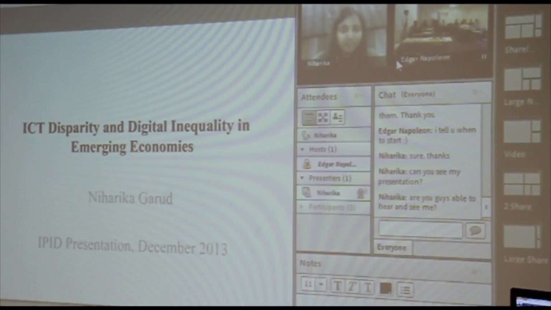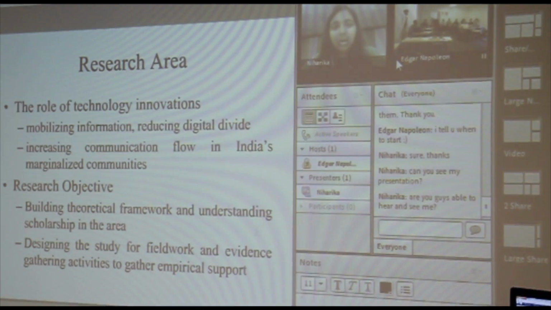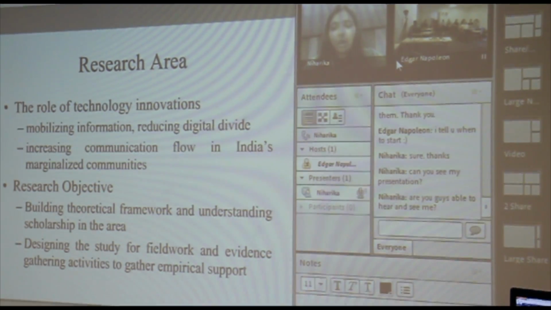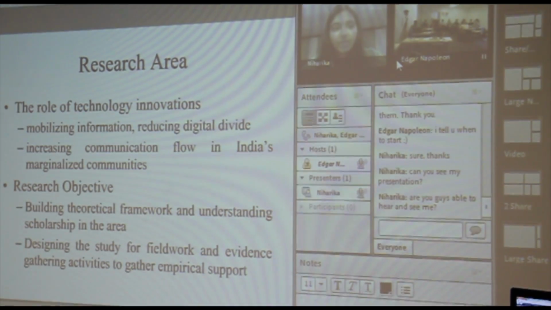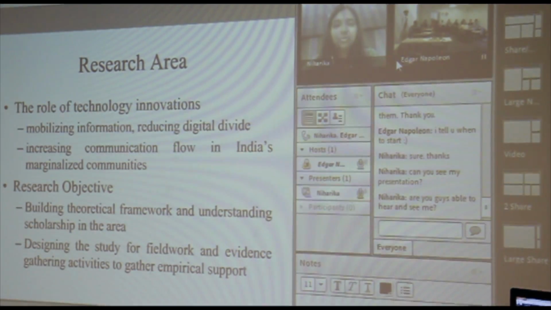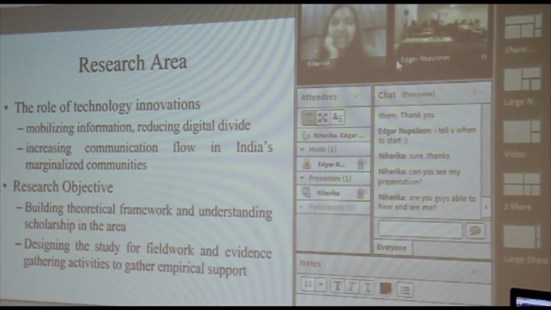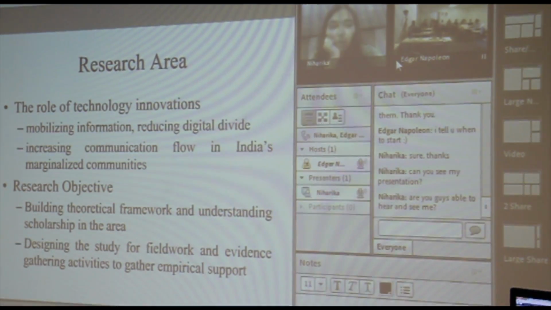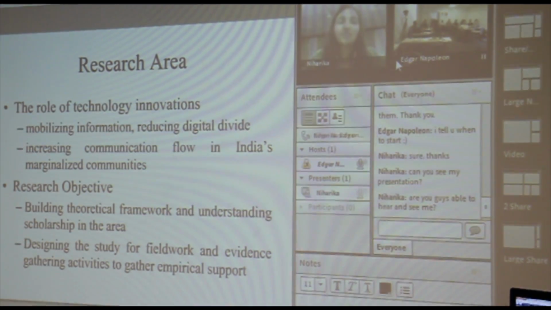And today in the presentation, I'm going to talk about my paper which I submitted to the IPID meeting, which was focusing on how technology innovations are playing a role in increasing access to information and communication, especially in the context of marginalized communities in India which are not able to afford or sustain their access.